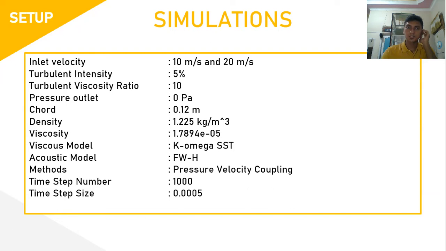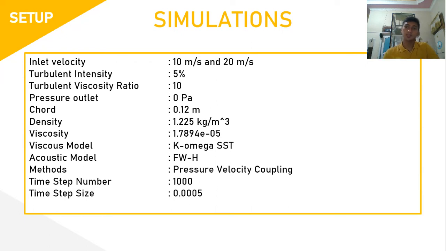The next step is the simulation setup. We set the velocity to 10 meters per second and 20 meters per second, turbulence intensity 5%, turbulent viscosity ratio 10, outlet pressure 0 Pascal, and chord length of the airfoil 0.12 meters.